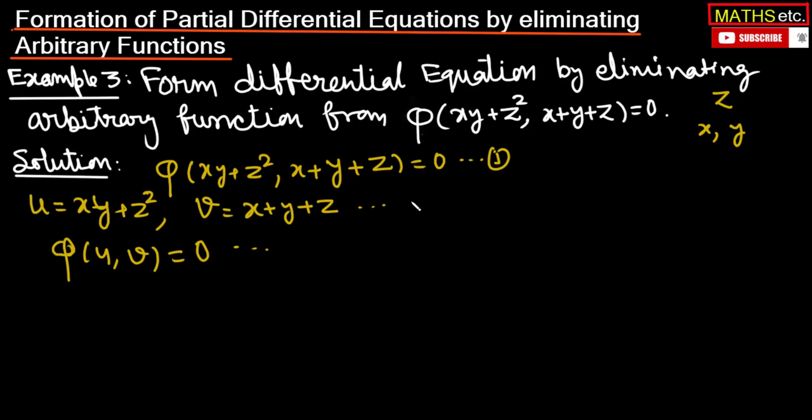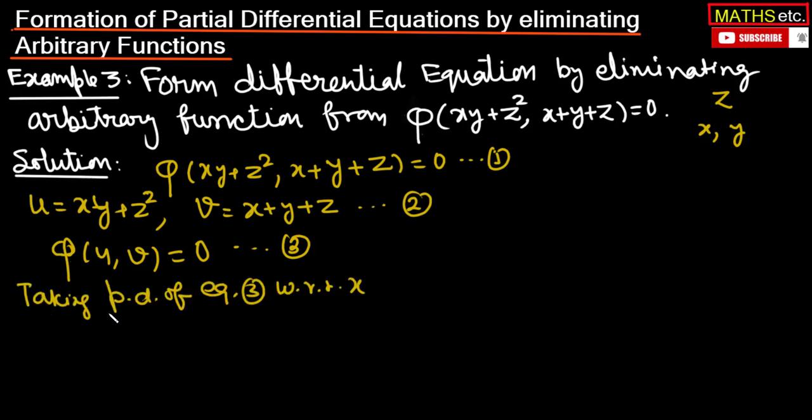Let us give these relations as equation number 2 and equation number 3. Now first we take partial derivative with respect to x. So we are taking partial derivative of equation 3 with respect to x. We will have del phi over del x of (u, v) equals to del over del x of 0.